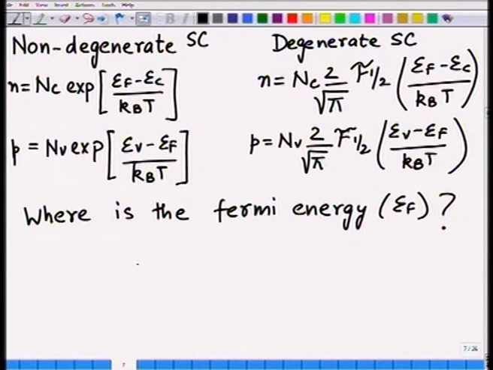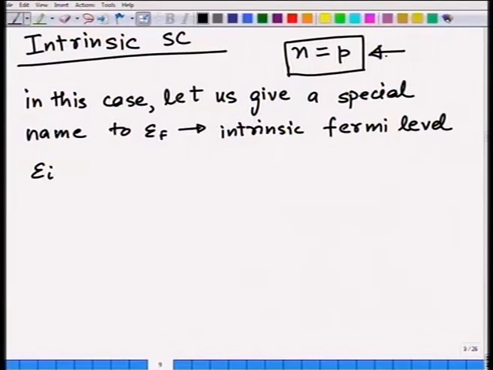For an intrinsic semiconductor, we state the definition is n is equal to p. We will use this to determine where EF is. Under this condition for an intrinsic semiconductor, we are giving a special name, EI.